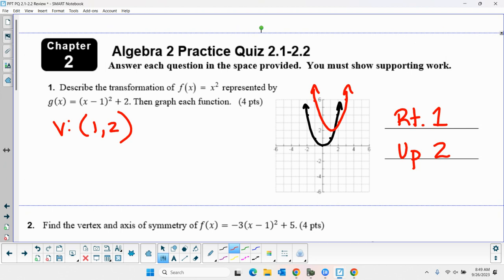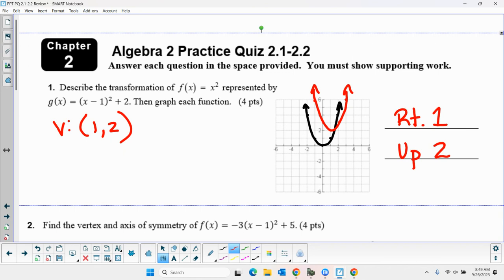When you're all done, to get all 4 points. Okay? So basically, knowing what the vertex is, because it's in vertex form, tells you the transformation.